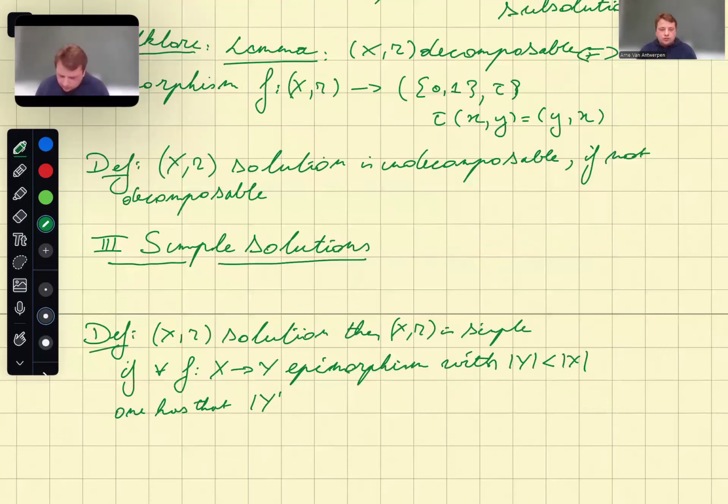So it's just the solution with one element, which of course you always have.